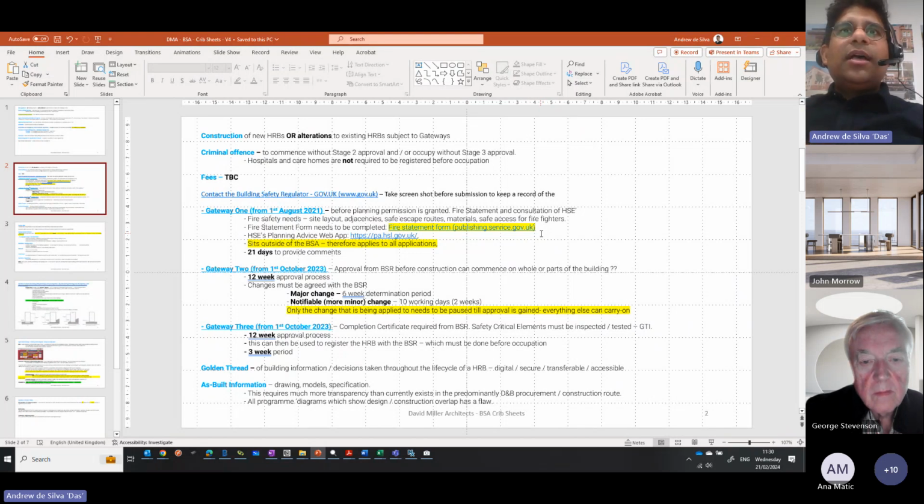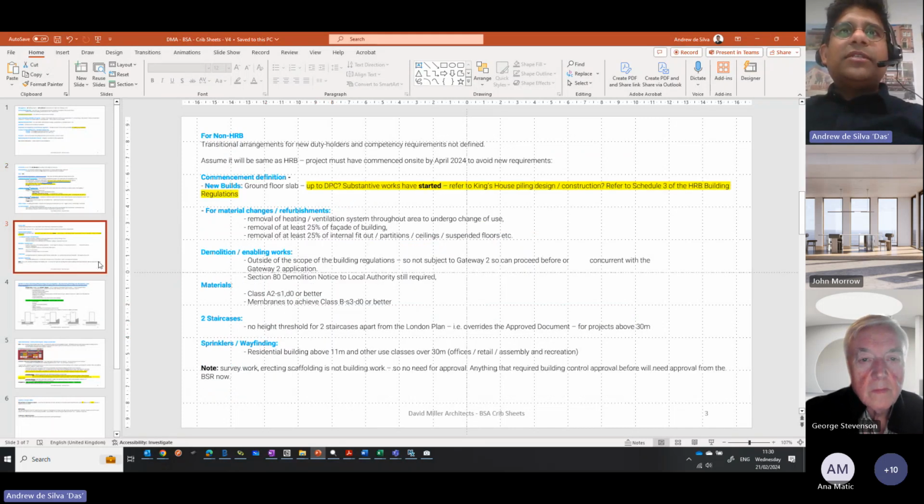But you know, the information that I'm well aware of in terms of Gateway 1, again, that link to where you're meant to be able to get advice, the current timelines that I'm aware of in terms of approvals or processing, the major changes, the notifiable changes, etc.